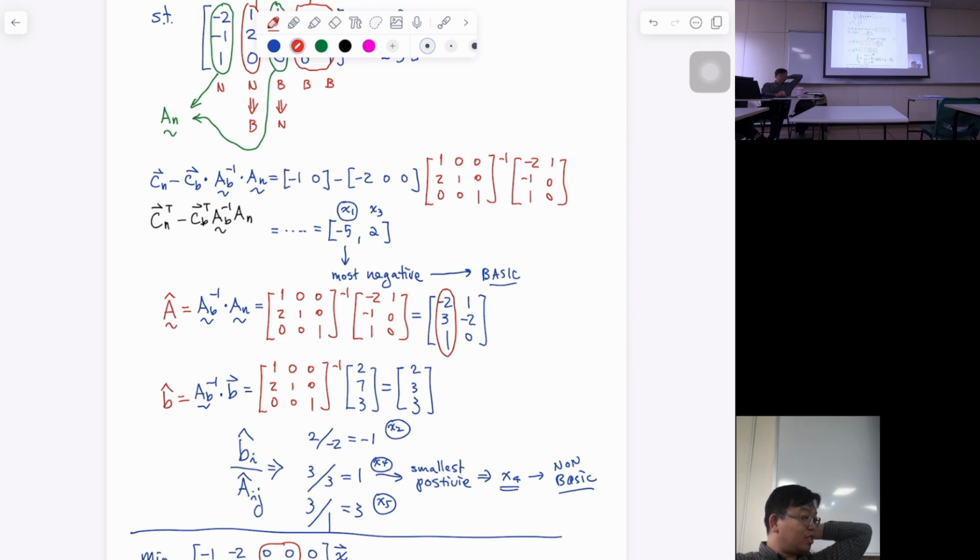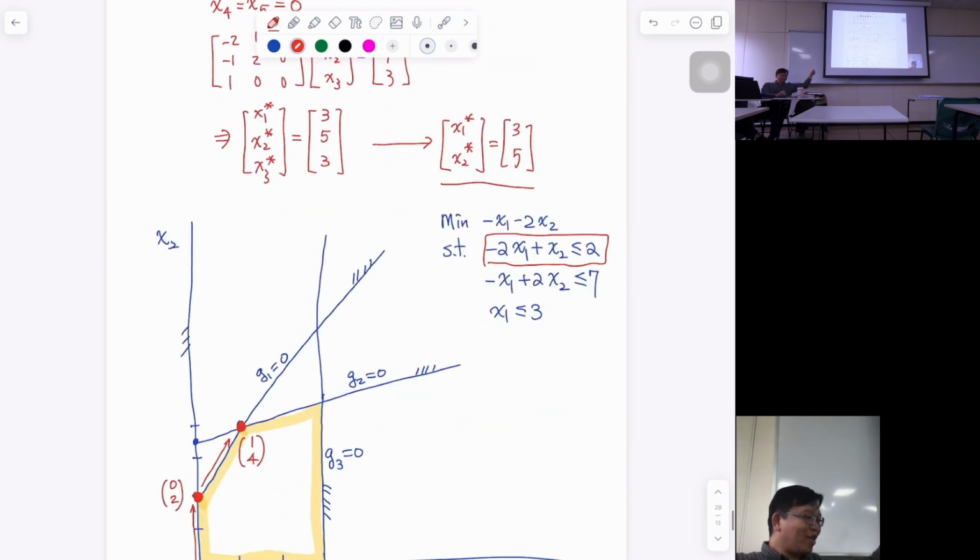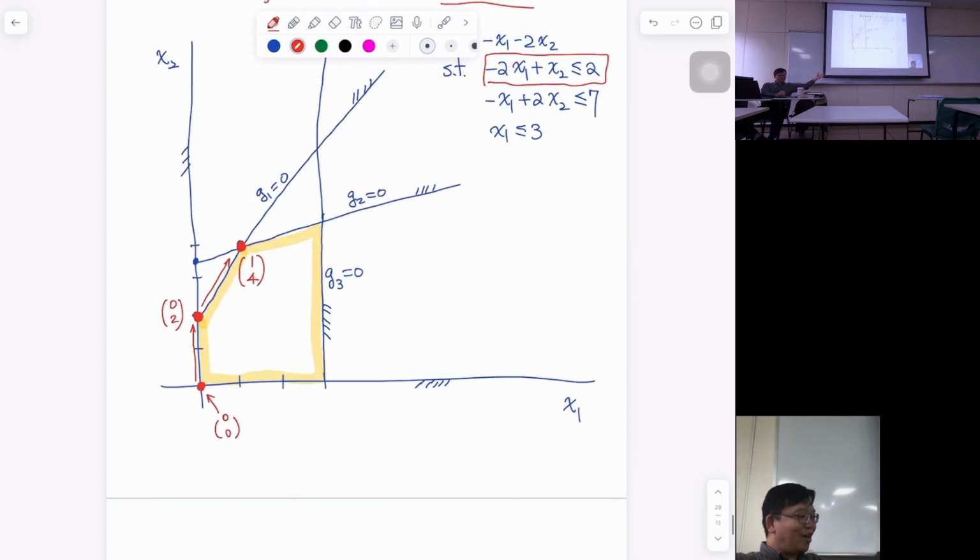But when we increase x1, I was wrong earlier. x1 was 0, and we decided to increase the value of x1.